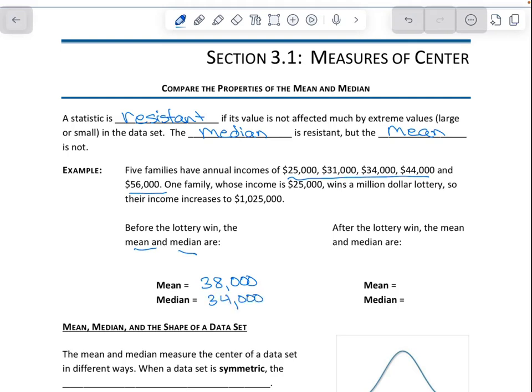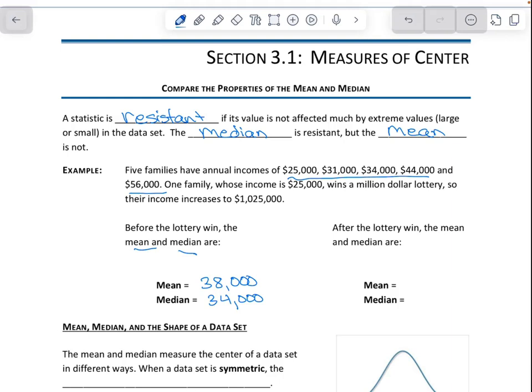Now, what if that 25,000 changed to 1,025,000? So 1,025,000 plus 31,000 plus 34,000 plus 44,000 plus 56,000 divided by 5.